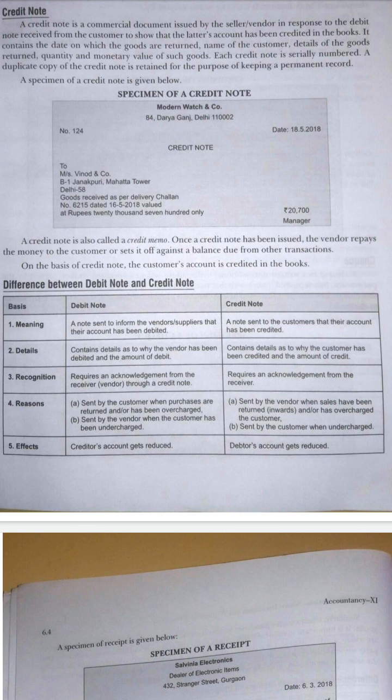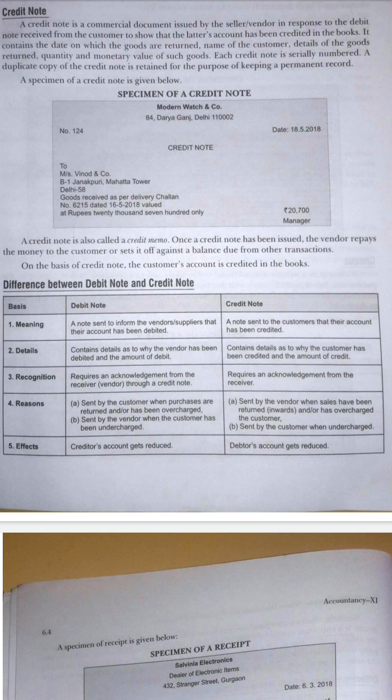The debit note is prepared by the customer and sent to the supplier. Now the credit note is prepared by the vendor, the supplier or the seller, giving a response for the debit note which is received from the customer, to show that the latter's account has been credited in the books.